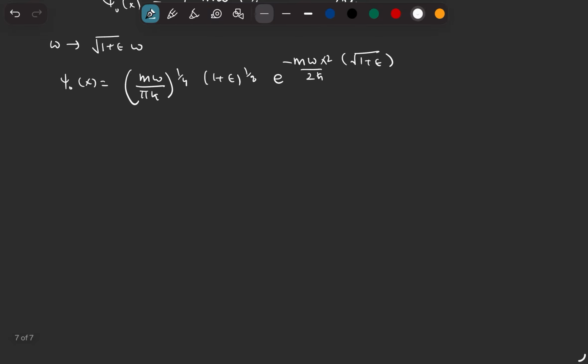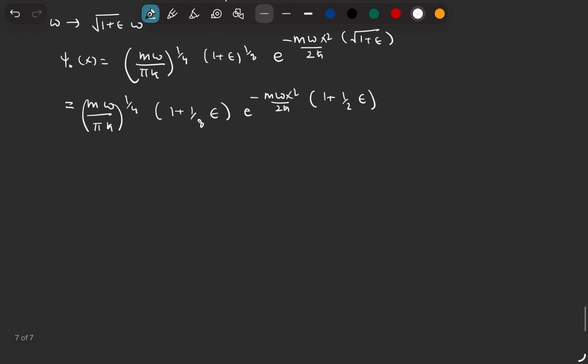So let me fix this. That will be (m omega upon pi h bar) to the power 1 by 4, and that will be 1 plus 1 by 8 epsilon plus higher order terms, and then there is the exponential of minus m omega x squared upon 2 h bar, so that is 1 plus 1 by 2 epsilon. So let's again fix this.